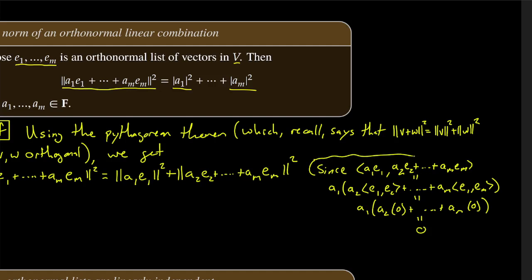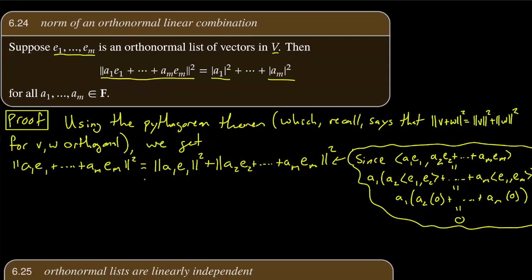So let me make this into a parenthetical and say that that's why we're getting this. And then doing the exact same thing a whole bunch more times, just with A2 now and so on, we will just get the norm of A1 E1 squared plus all the way down through the norm of AM EM squared.